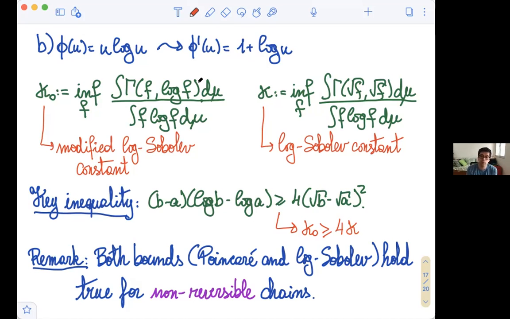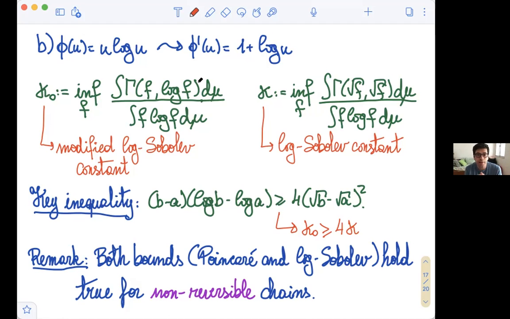It's always true that one is smaller than the other, because if you replace square root of f by f, let's say f equals g squared, what you get above is gamma of g, and below you get g squared log g. There are some constants going around, but these are universal constants, so they don't really matter.